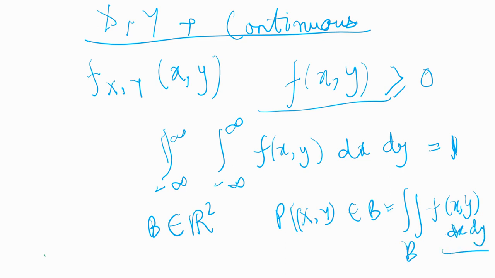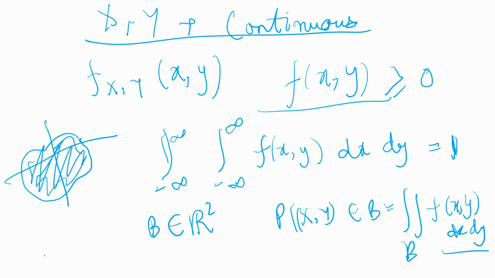So B is nothing but a range, a region belonging to R squared. Similarly, when you have just x and say the region is -1 to 3, then P(X belongs to -1 to 3) will be the integral from -1 to 3 of f_X, since the range is only on x.